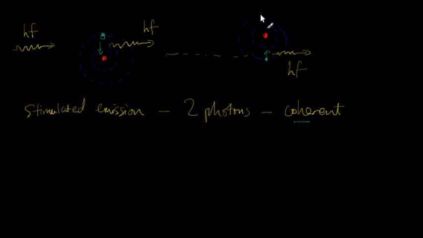So we need a situation where there are lots and lots of excited atoms and they remain excited for a sufficiently long time. Now, when we say sufficiently long time, it usually doesn't mean minutes or hours or days. We are probably talking about some fractions of a second, which is usually enough.